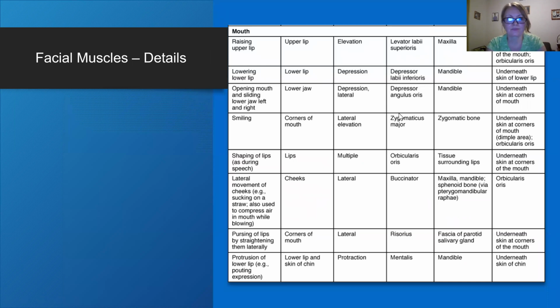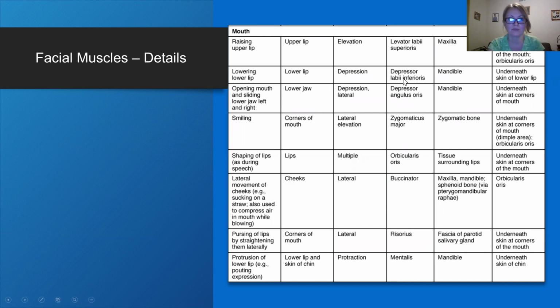Here we have another table and some more muscles, like levator labii superioris. The name itself is going to tell you that this muscle is going to elevate your lips, right? And it will be in the superior region.